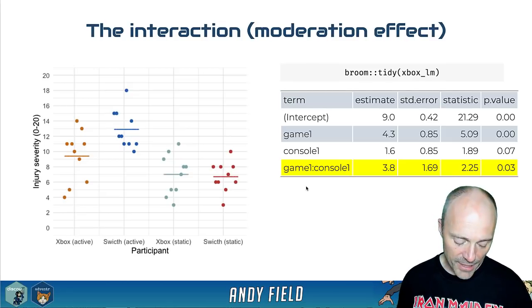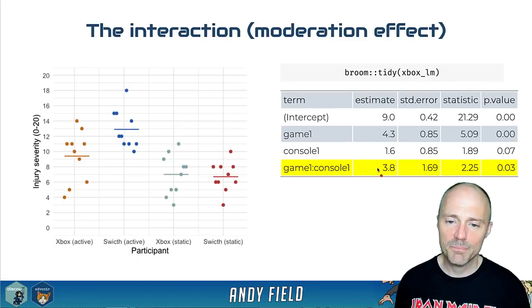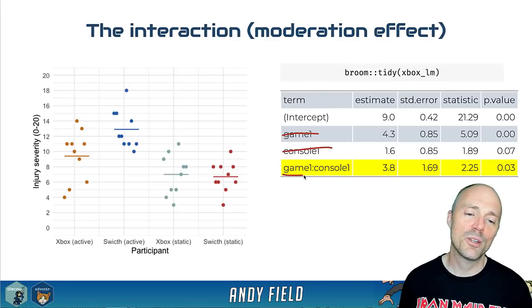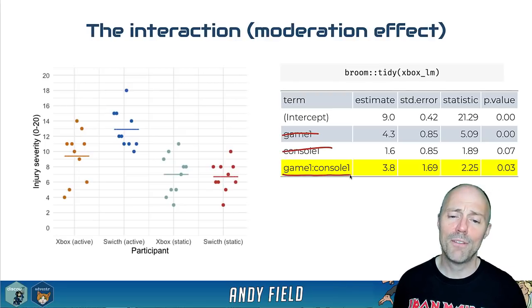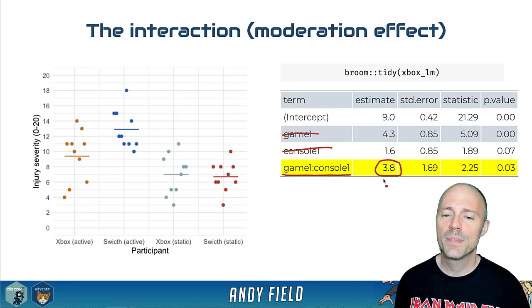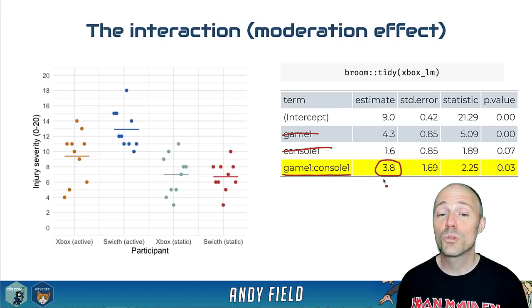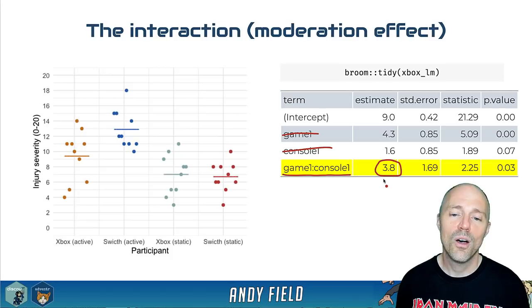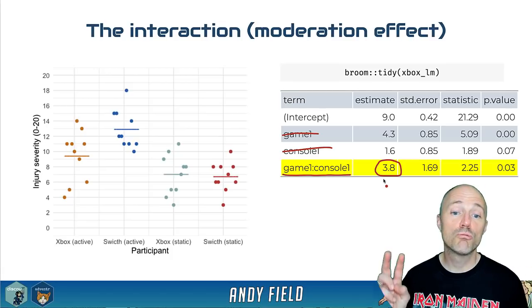So here are the parameter estimates for the model that we've just fitted. Like I say, we're not really interested in the main effect of game or the main effect of console. We want to focus on this interaction term because it was significant. And we get a parameter value of 3.8. With other models that we've looked at, we've used that parameter estimate as a way of interpreting the raw effect.